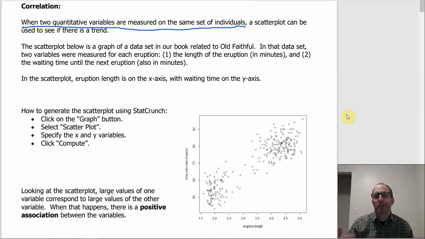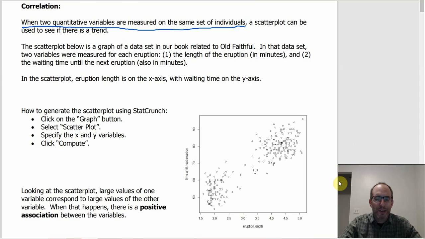I wanted one with a lot of data points, so I picked the Old Faithful one, where there are 2 variables measured for each eruption: how long the eruption was in minutes, and the waiting time until the next one. I graphed eruption length on the x-axis and time until the next eruption on the y-axis.